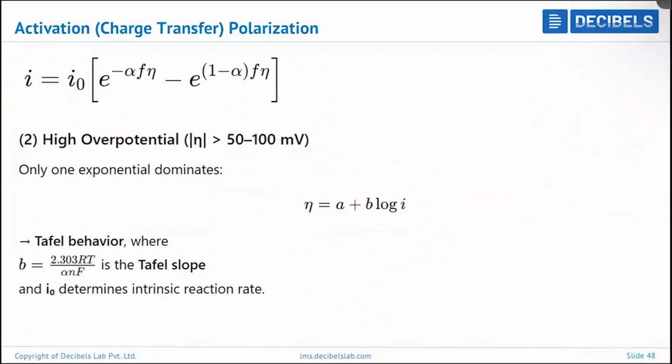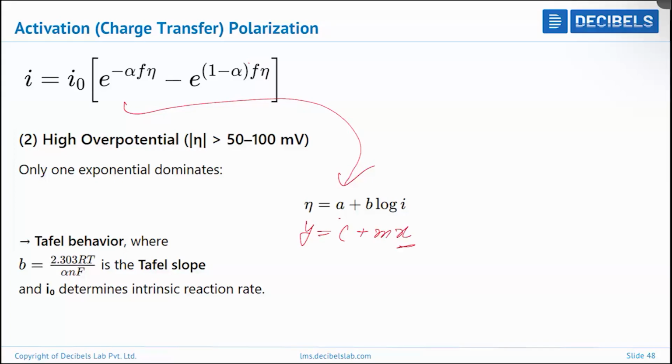Then at high overpotential, above 50 to 100 millivolts, only one exponential term dominates, whether it's anodic or cathodic. It depends on the potential that is being applied. Then you can easily reduce this expression. You can take the log, and it becomes eta is equal to a plus b log I, which is like y equals mx plus c.